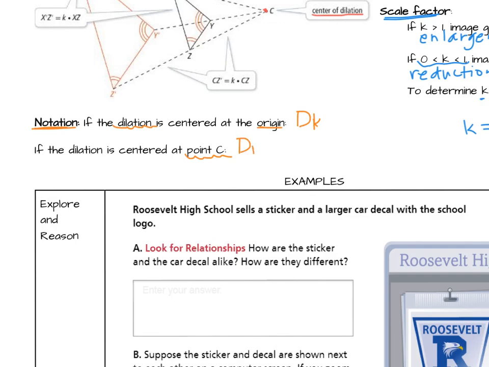We start with lowercase k as your scale factor, and then whatever your center of dilation is if it's not at the origin. And we'll talk through that on a few examples down below.